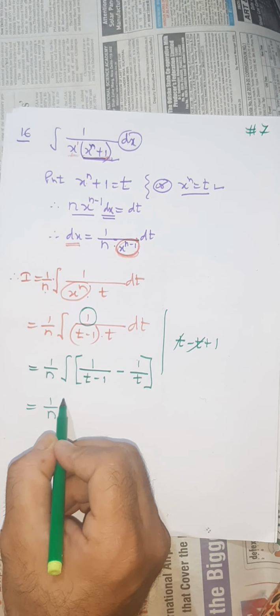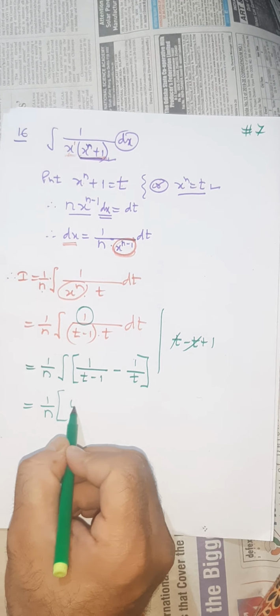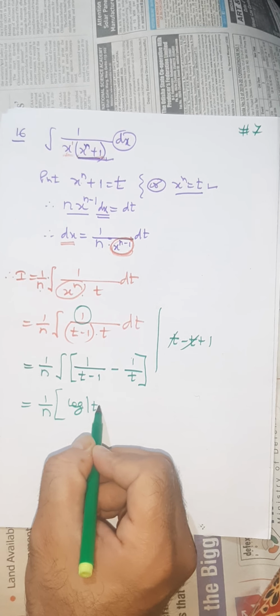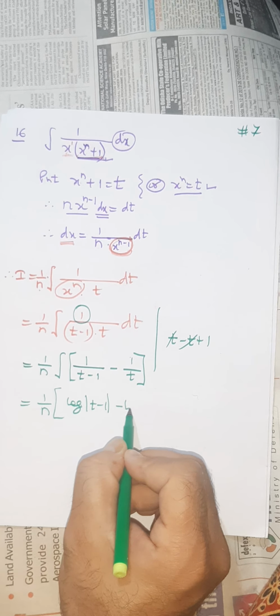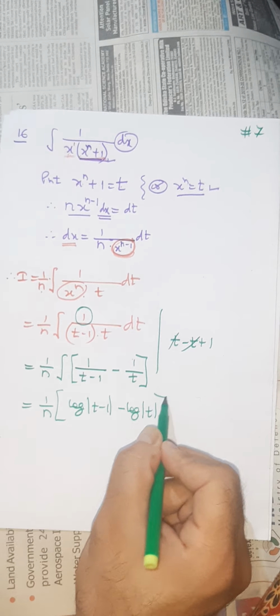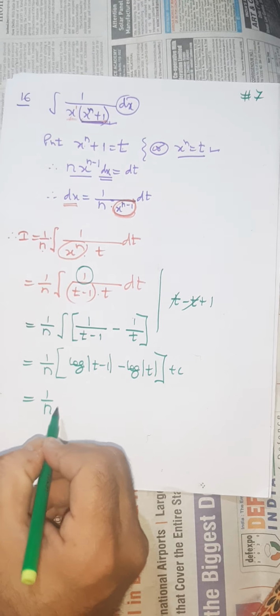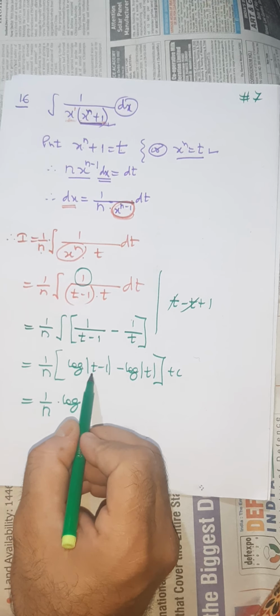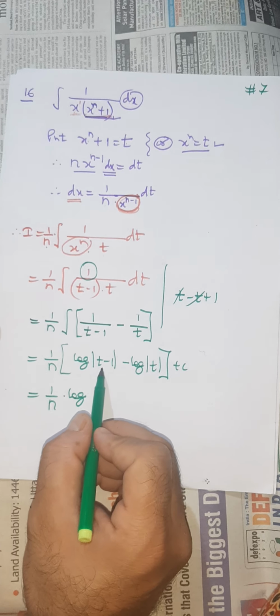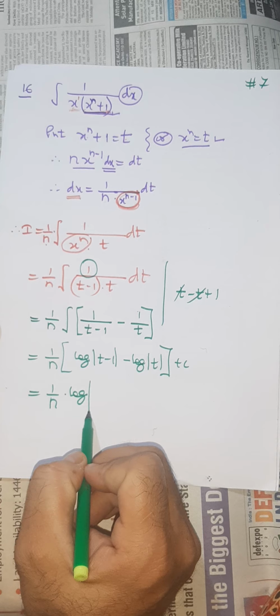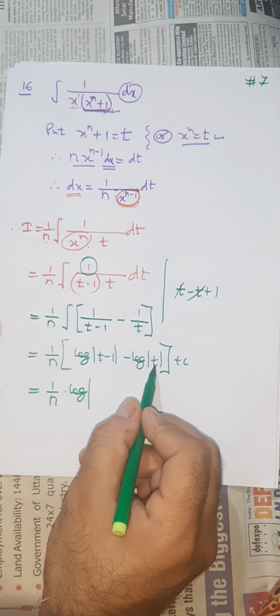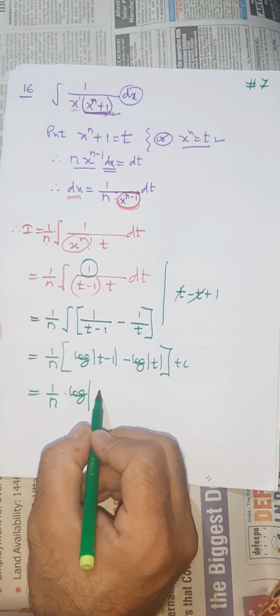Now what is the integral of the first term? Log of mod of t minus 1, a linear factor, minus log of mod of t, plus c. Put the value of t, and I'll use simultaneously the property of the log function: log x minus log y is log of x by y. So t minus 1 upon t. But what is t?